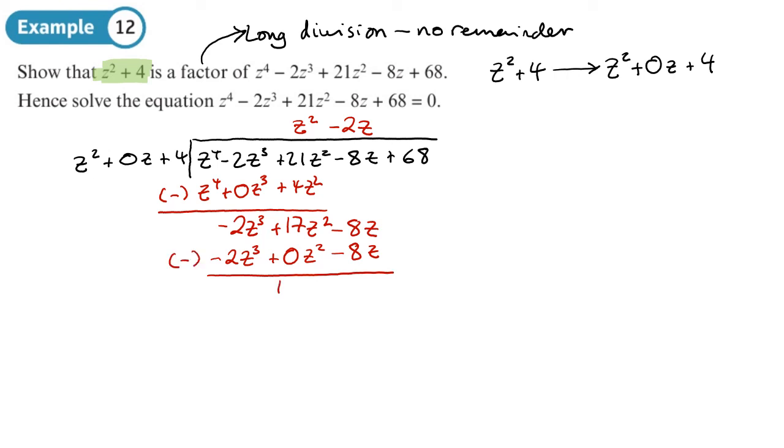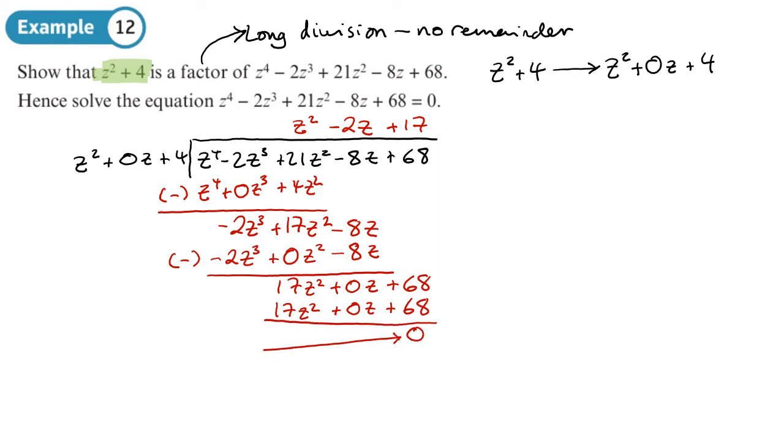So we end up with 17z squared, and that becomes 0z. So I write it down as 0z plus 68. How many times does z squared go into 17z squared? 17 times. So times by 17. And then 4 times 17 is 68. That's nice. Which gives us no remainder.